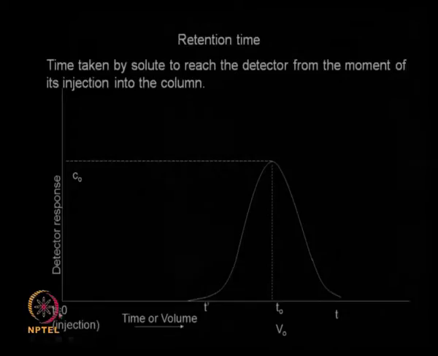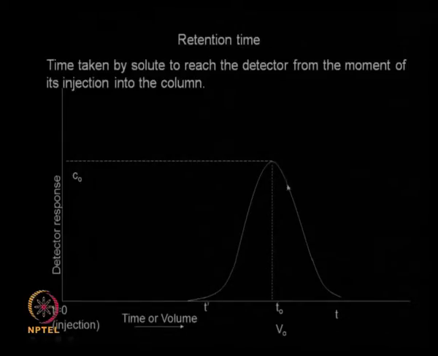So when the component comes out of the column, there is going to be a detector response, so it will appear like this. There is an increase in the detector response and then there is a decrease. Now this time is called the retention time. If it is in terms of volume, this is called the retention volume.